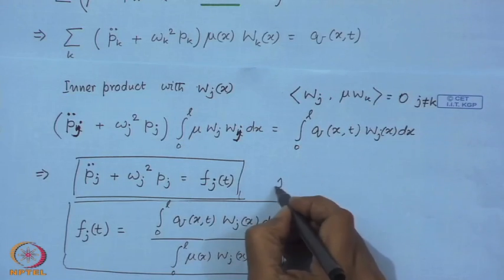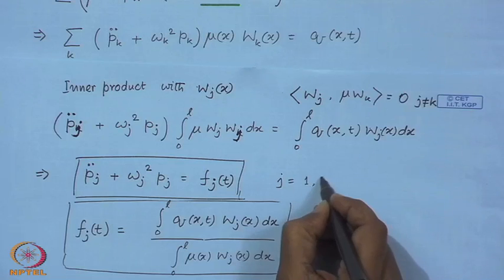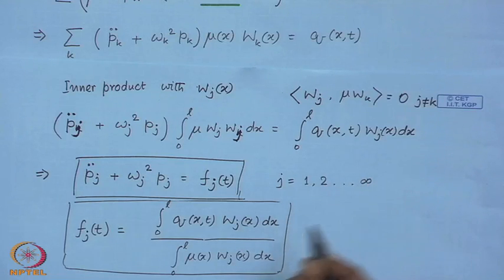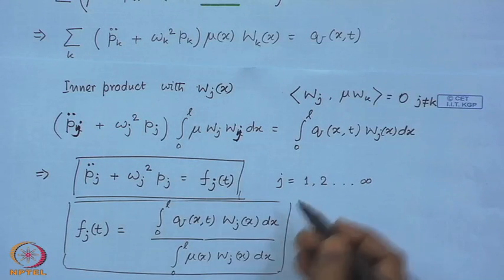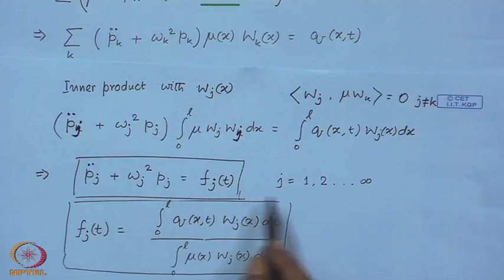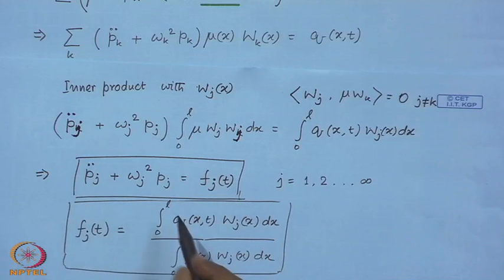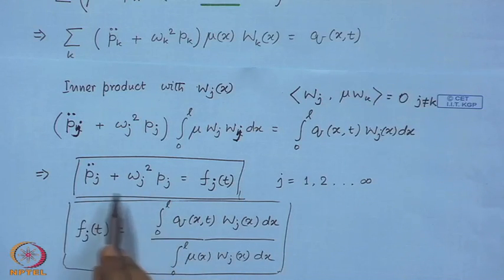And this I can take for different w j, and I can generate all these equations corresponding to the coordinates of the jth of the individual modes.